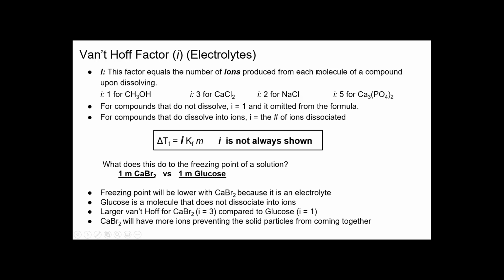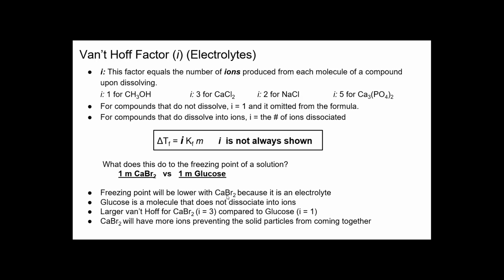So if we look at this, what does this do to the freezing point of a solution of calcium bromide versus glucose? Freezing point will be lower for calcium bromide because it has more particles. The more particles will stop that solution from becoming a solid. So there's more particles to block it. Glucose is a molecule, it does not dissociate, so it doesn't have more ions to stop. So the freezing point change will not be as large.